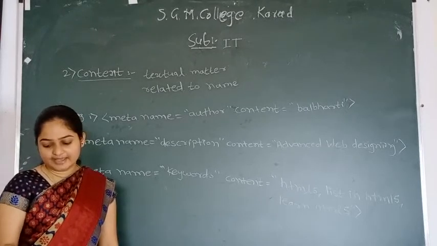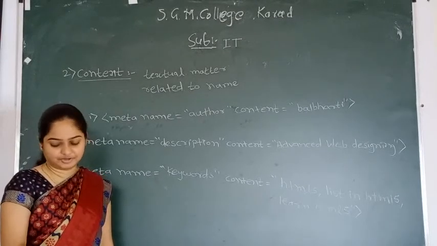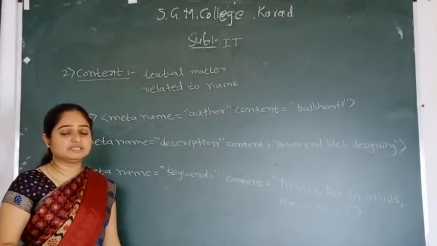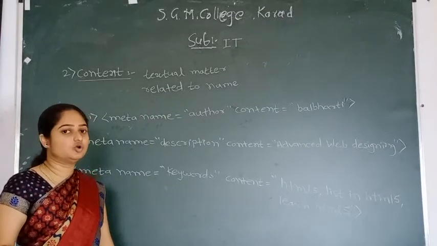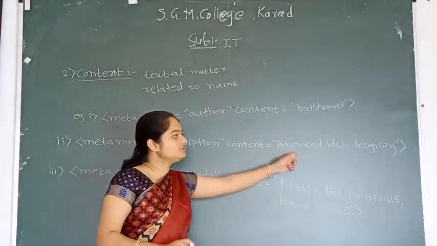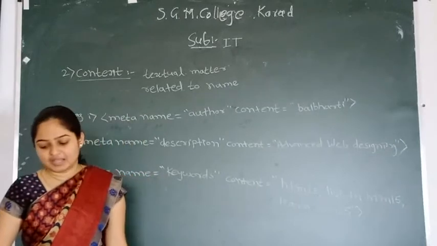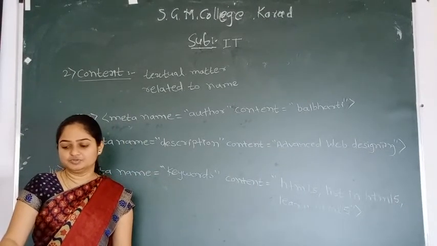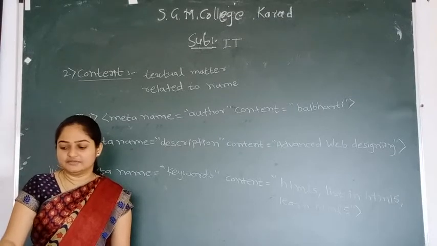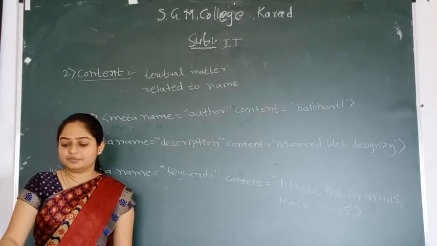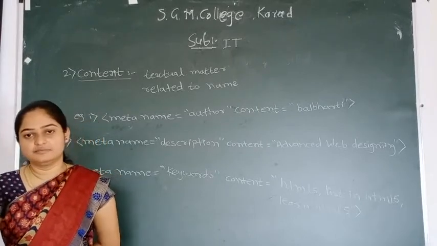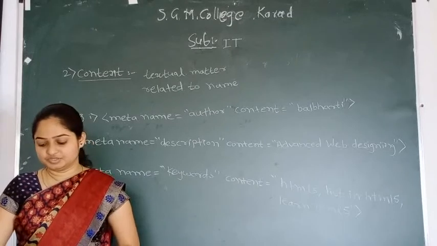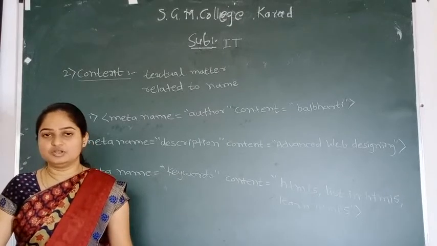The value of the content attribute specifies the name of the topic, like advanced web designing. The name attribute of the meta tag defines the name of a piece of document level metadata, while the content attribute gives the corresponding value.